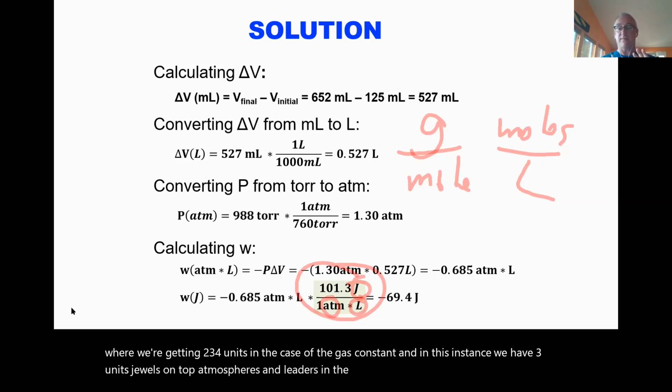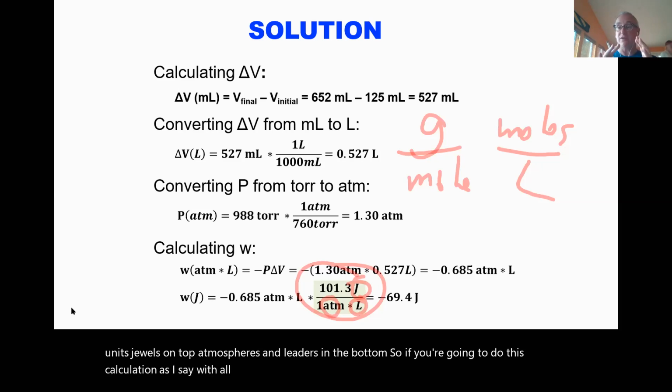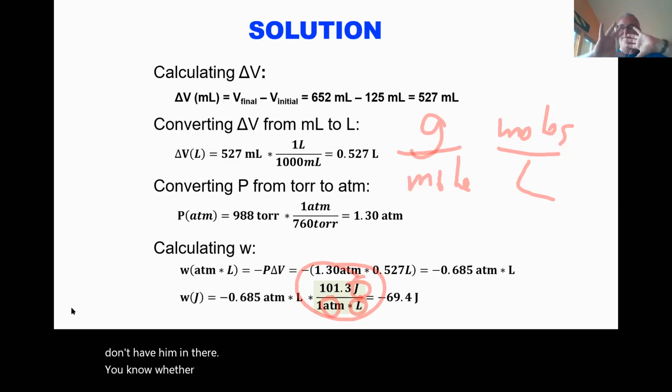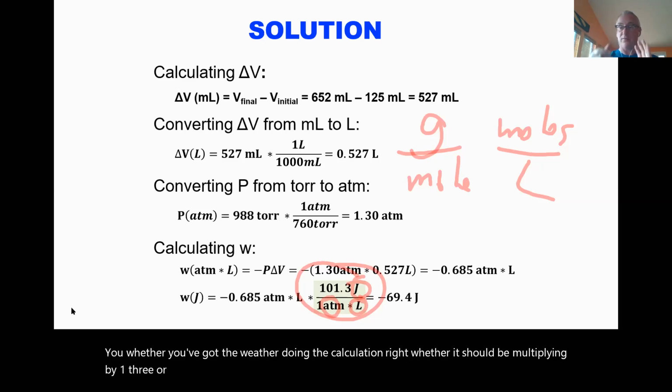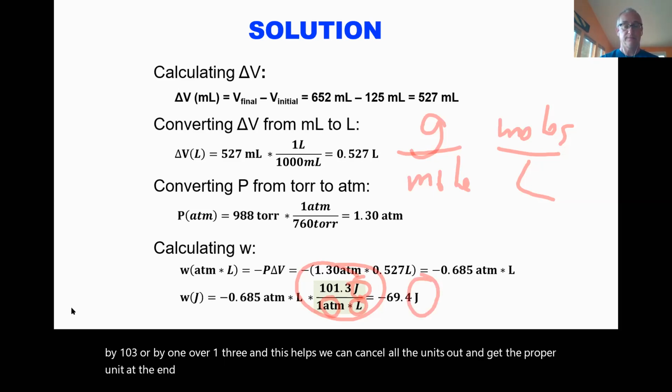So if you're going to do this calculation, as with all calculations, make sure the units are in there. Because if you don't have them in there, you won't know whether you're doing the calculation right, whether it should be multiplying by 103 or multiplying by 1 over 103. And if you can cancel all the units out and get the proper unit at the end, you probably did it right.